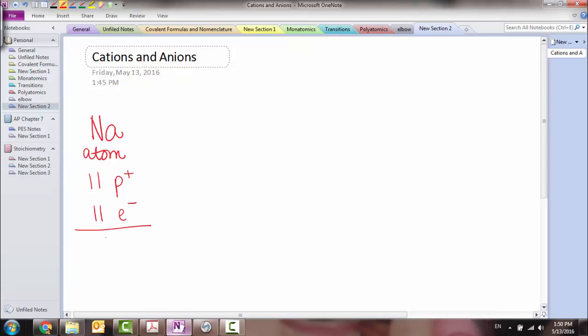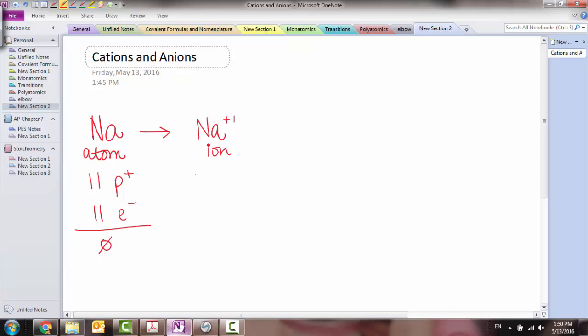So overall, 11 positives and 11 negatives means that sodium is neutral, okay? But when sodium becomes an ion, it actually has a +1 charge. We'll talk a lot throughout the year about why sodium specifically forms +1, but right now, let's just learn that it has that +1 charge.